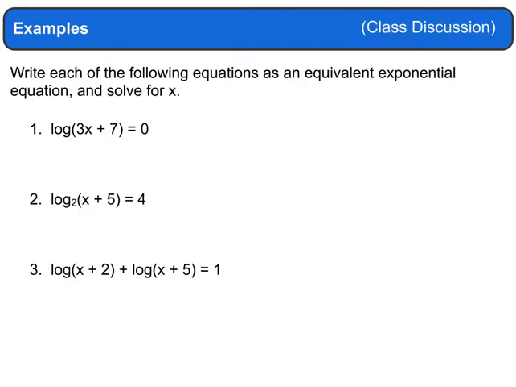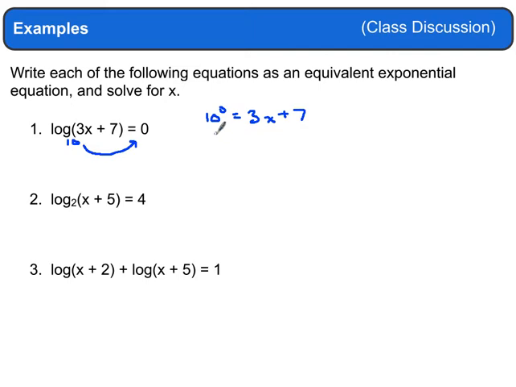In examples 1, 2, and 3, they say write each of the following equations as an equivalent exponential equation and then solve for x. So we'll start with number 1, where we take this 10 and do just like we just modeled in the opening exercise. We scoop it up, and so we say 10 to the 0 power is equal to 3x plus 7.